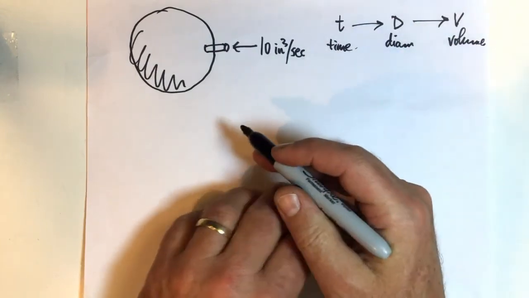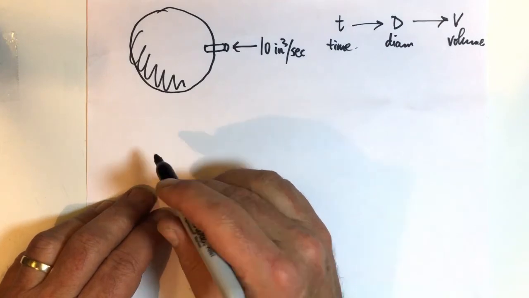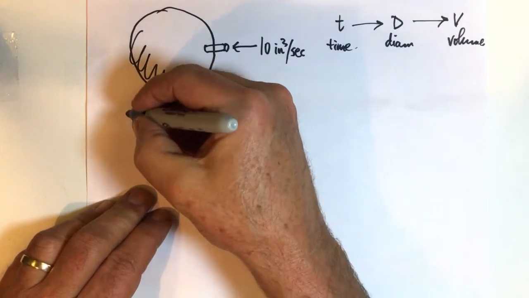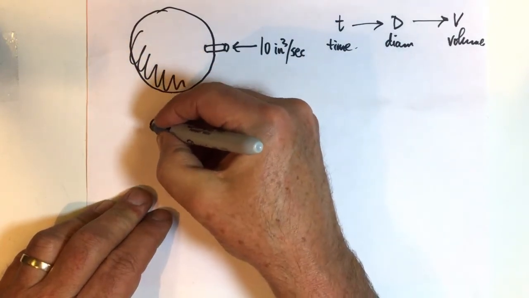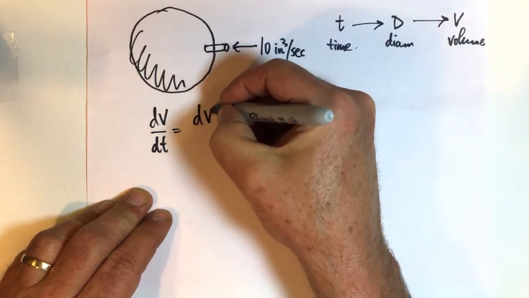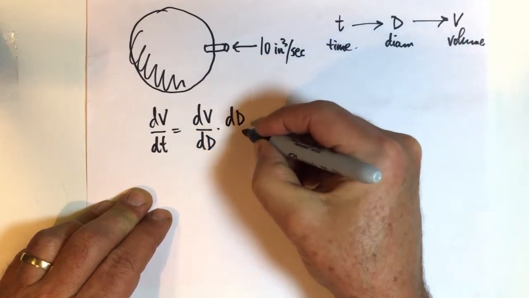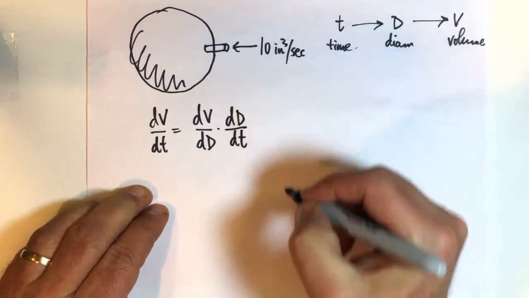When you have the three quantities, time, diameter, and volume, related in that way, then we can write down the chain rule, which tells us dV/dt is dV/dD times dD/dt.